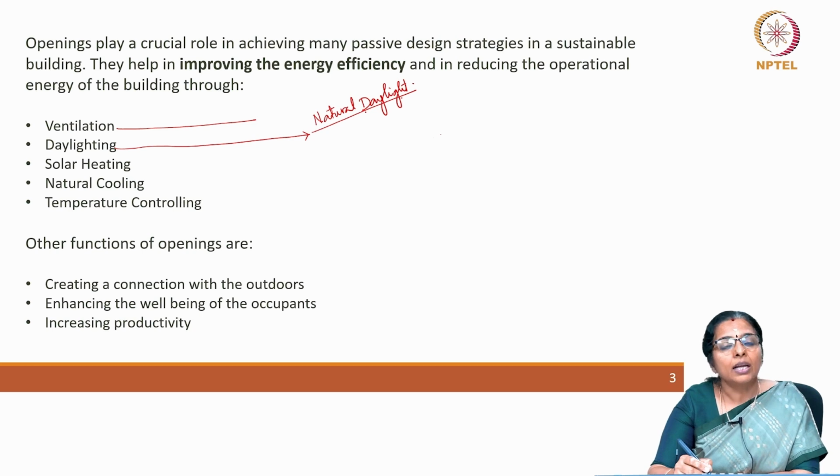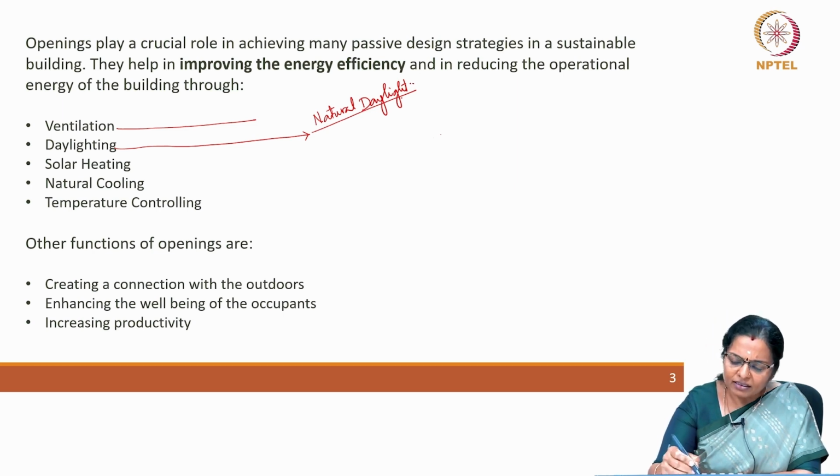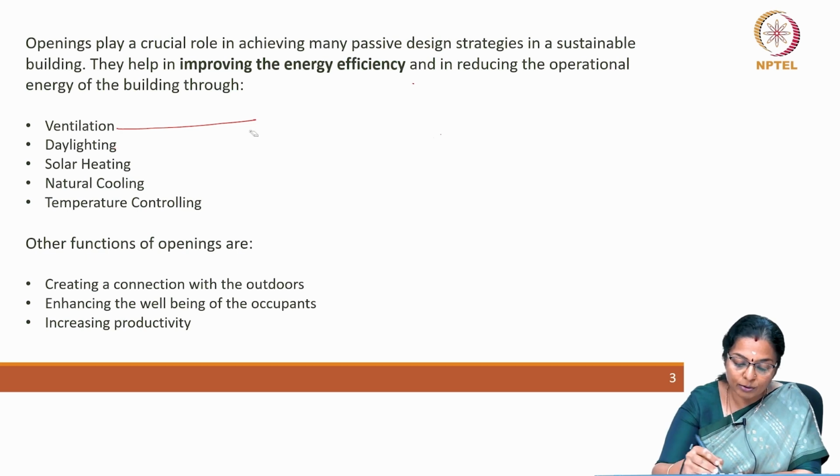By bringing in natural daylight, the operational energy is reduced because the use of or reliance on artificial lighting system is reduced or completely can be avoided, and hence it is directly benefiting the operational energy use. And it's a vicious cycle. We have already seen that operational energy and greenhouse gas emissions, they are all directly related.